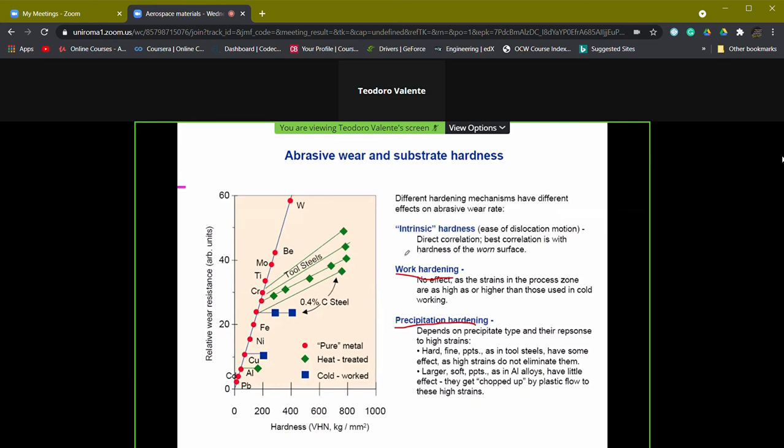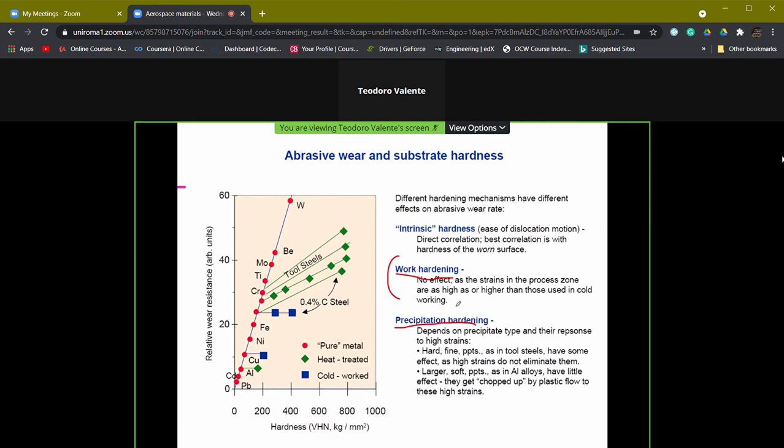What has been found, as you can see in this picture, is that increasing hardness by work hardening is not so effective in reducing the abrasive and then the adhesive wear of the materials, as the strains in the process zone are as high or higher than those used in cold working.